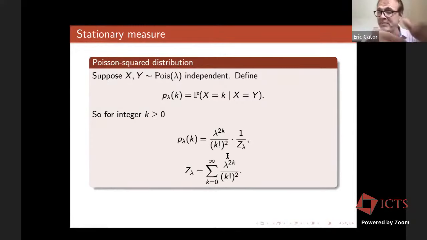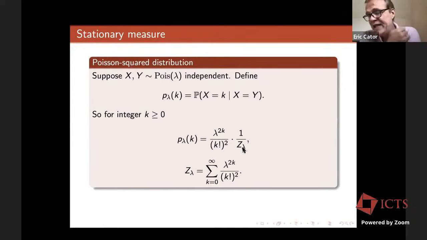So you take independent Poisson with parameter lambda, and then you condition on the fact that they're equal, then you get a new distribution, of course, for this number, which is denoted here by P of lambda. And we were not sure if this has a name already, but we just called it Poisson-squared because the probabilities are the squares of the Poisson probabilities, and then of course normalized by some normalizing constant.